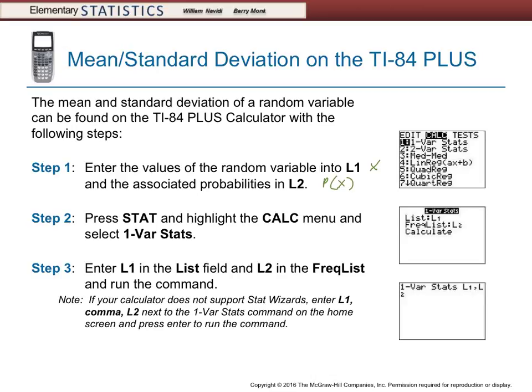Then we press the stat key and move over to calculate and select the one variable stats. Then we enter L1 or L2, and sometimes we enter L1, L2 this way, depending upon what your calculator looks like. And then we hit enter and we get the actual results.